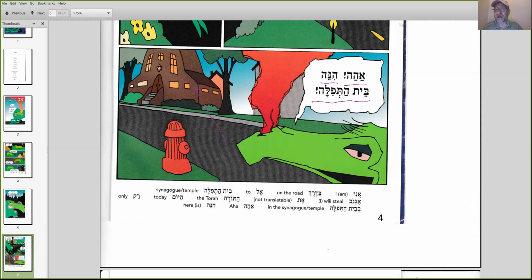Right there, the house of prayer or the temple. The house or the temple. Okay, aha, the exclamation. Hine, here is Beit HaTefilah. Here is the house of prayer or the temple.